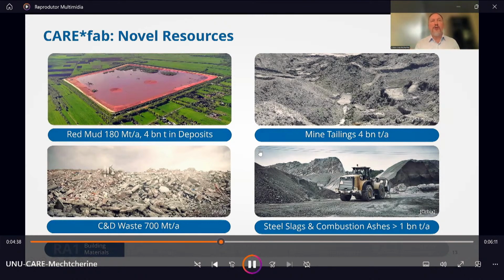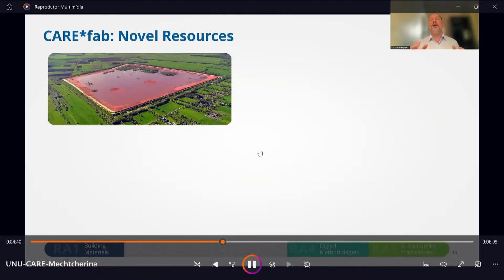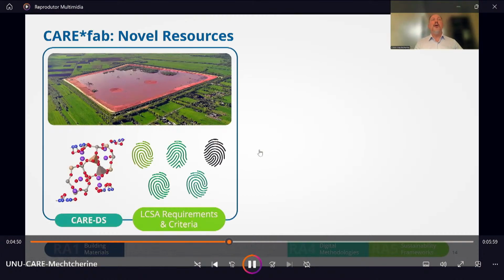The chemistry of these waste materials is often highly complex, with unknown hazards that could arise during the reuse in concrete. CARE addresses this challenge by creating physicochemical fingerprints with our new CARE data space, which will ensure traceability of these materials throughout their entire life cycle. This approach enables the integration into new cements while ensuring compliance with sustainability requirements in all three dimensions.